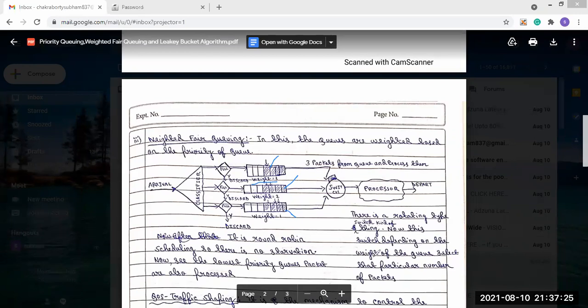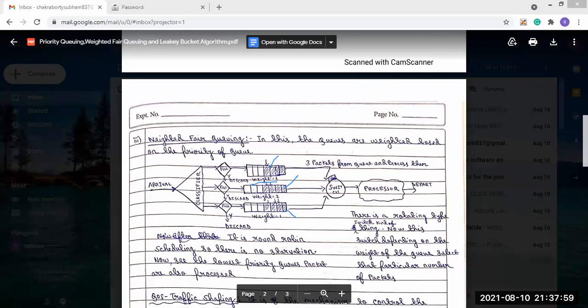Depending on the weight of the queue, it will select a particular number of packets. Its weight is 3, so the rotating switch will pick 3 packets, because the packets are chosen according to the weight. So 3 packets from the queue are chosen and go to the processor for processing. The processor will process them, and those packets are departed.